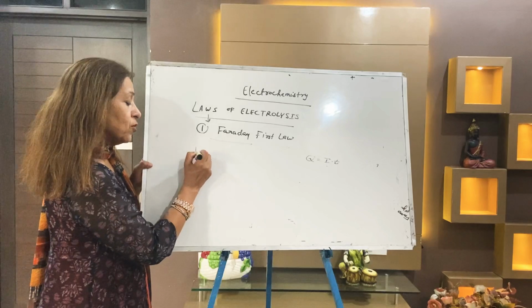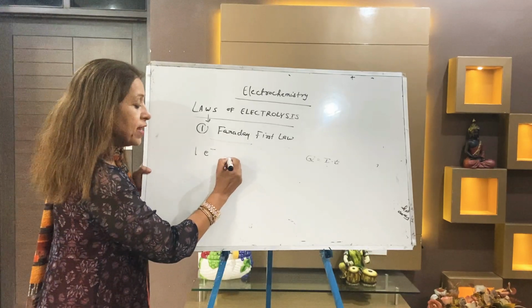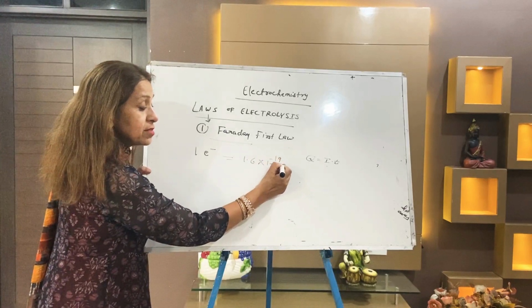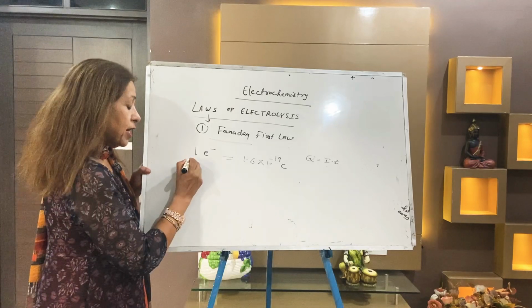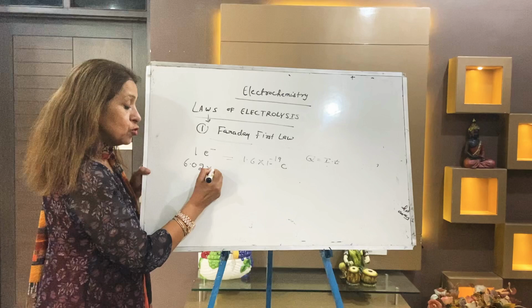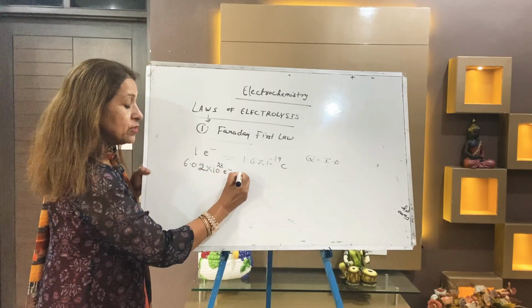You know 1 electron, you studied in class 11th, has a charge of 1.6 into 10 raised to power minus 19 coulombs. That means 1 mole of electrons, that is 6.022 into 10 raised to power 23 electrons, has how much charge?